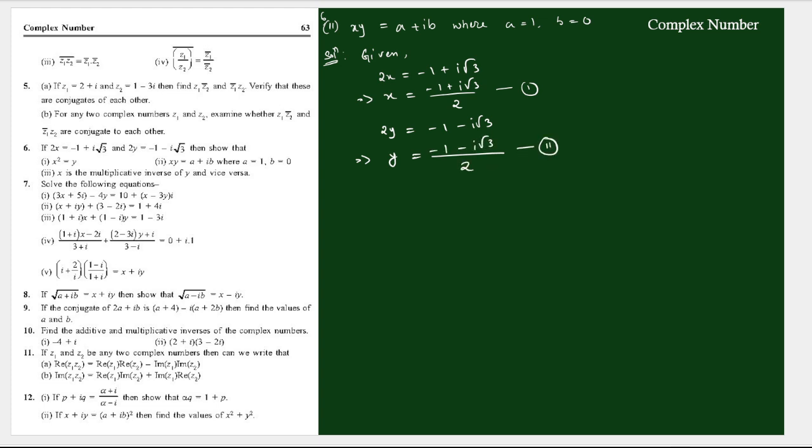This is your equation 2. Now equation 1 into equation 2 we will get x into y. So minus 1 plus i root 3 by 2 times minus 1 minus i root 3 by 2.